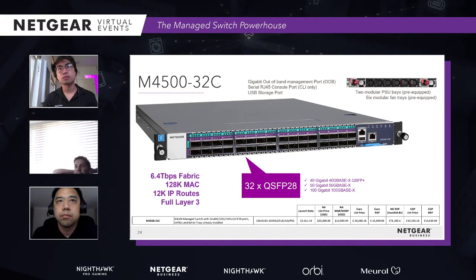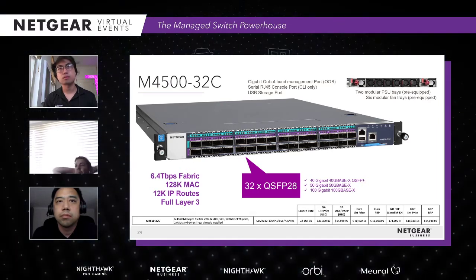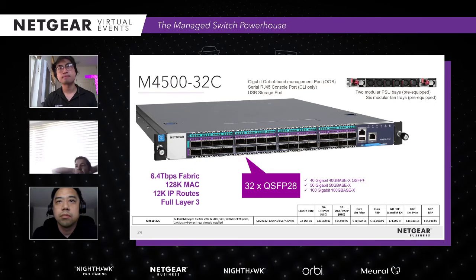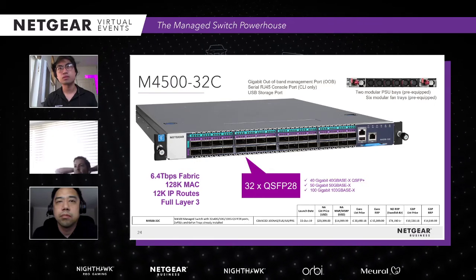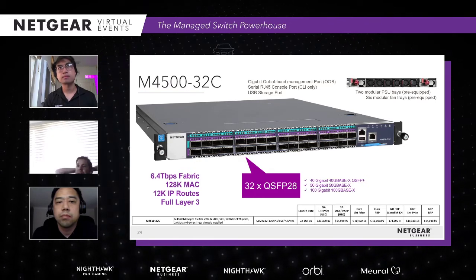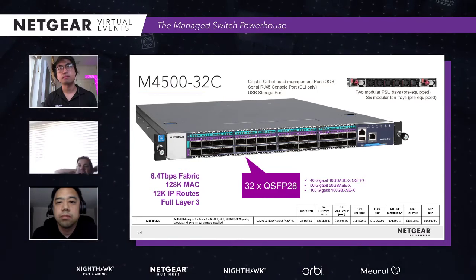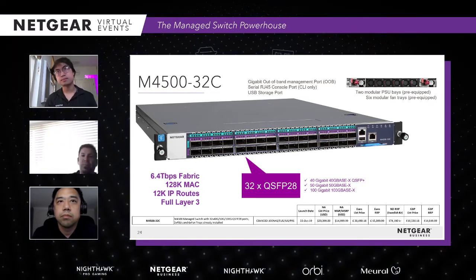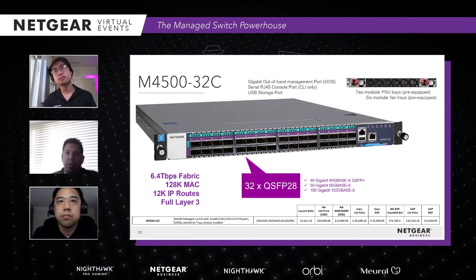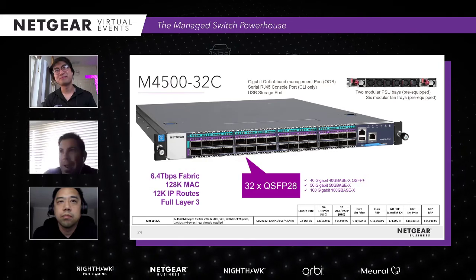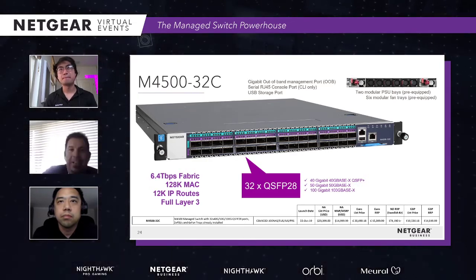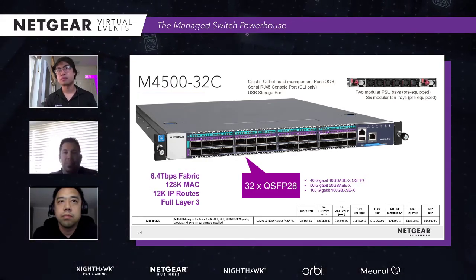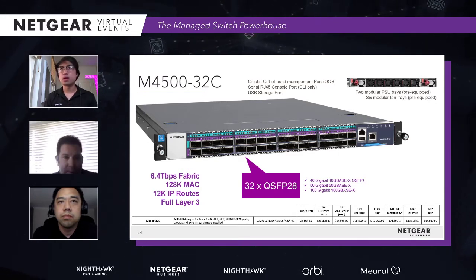We entered this market a while back, and we have to make sure we have the proper switches. With Pro AV, it's all about endpoints, so receive and transmit type products. If you really want to scale, like a 320 by 320 environment, you've got to have a lot of bandwidth at the core to achieve that. That's why we came out with the 32C and the 48XF 8C.